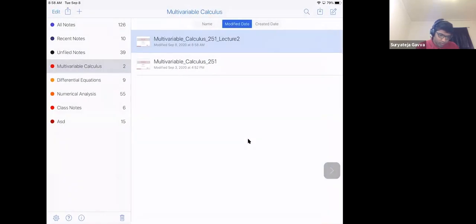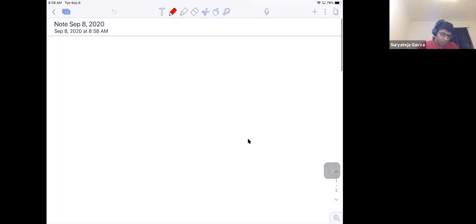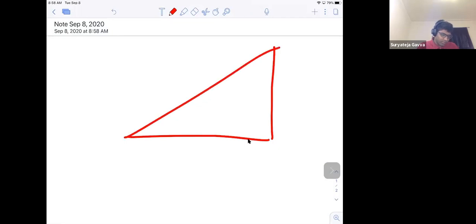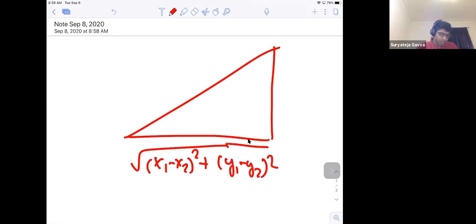I'm trying to open a new page. So we see that this is the square root of x1 minus x2 squared plus y1 minus y2 squared. This is P1, this is P2, this is B, and this length was z2 minus z1.